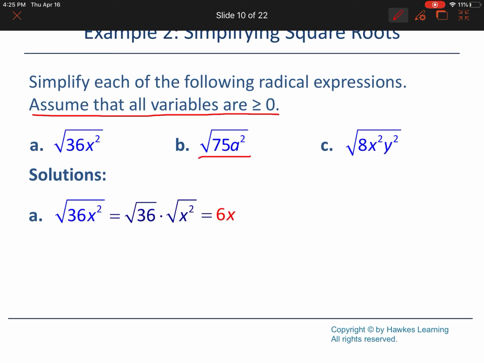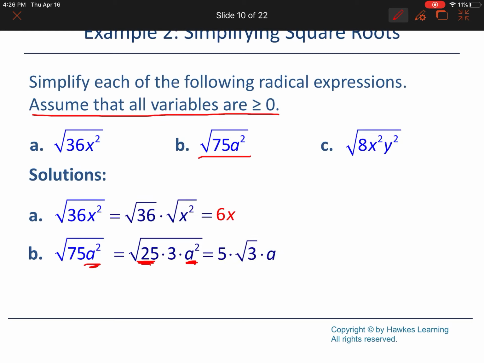Okay, so 75a squared. Let's look at that one. All right, so we got square root of 75, which is 25 times 3, and a squared. So we're still trying to get perfect squares, and we do it with the number and we do it with the variable. So the number, we got this 25, and that's a pretty easy one. We already did 75 once already. And then the a is squared, because that's all we had was an a squared.